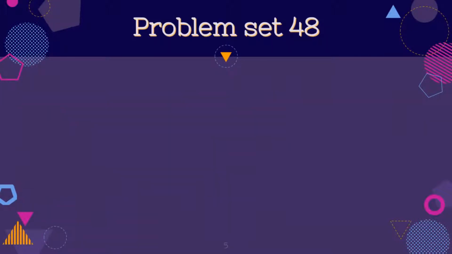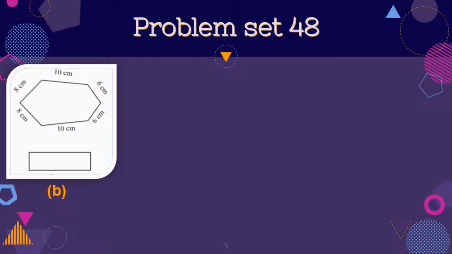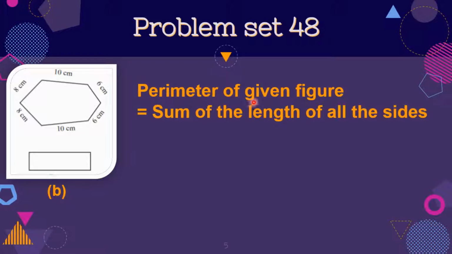Let us find out the perimeter of the given figure B. We know that perimeter is equal to sum of the length of all the sides of the given figure. Here, the length of the sides of this figure are 10 centimeter, 6 centimeter, 6 centimeter, 10 centimeter, 8 centimeter and 8 centimeter.